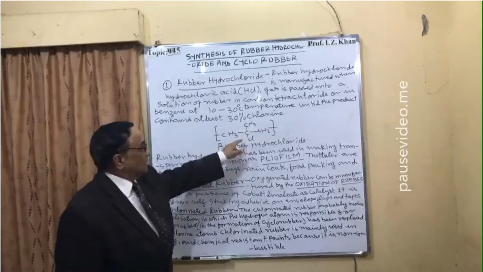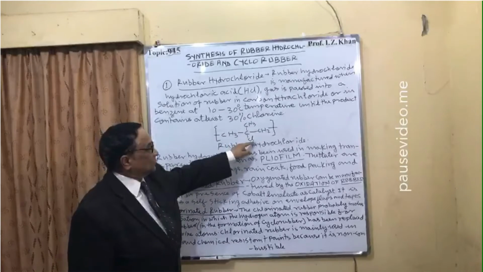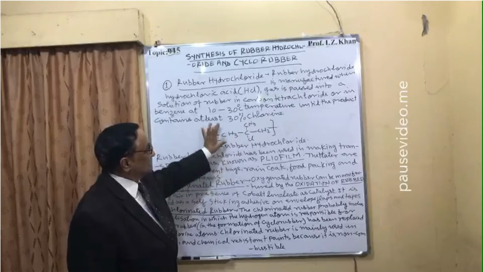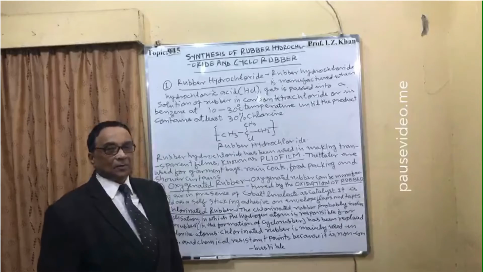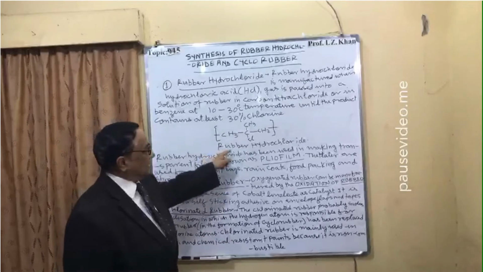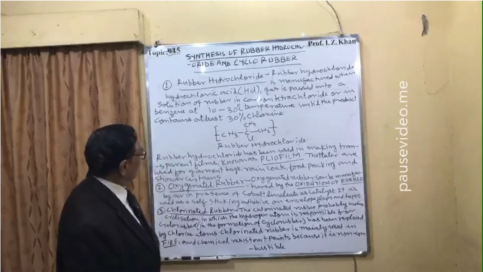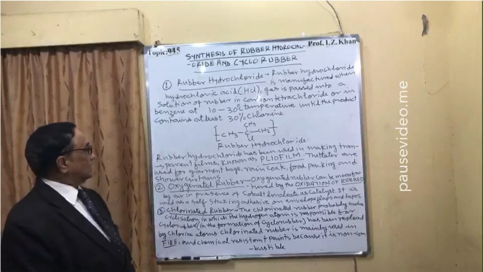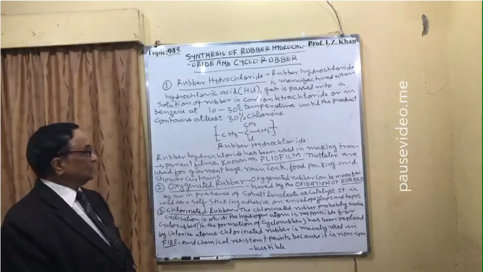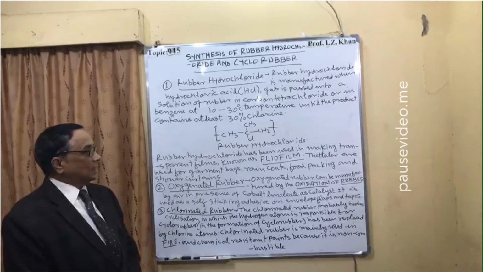Here hydrogen is substituted by chlorine, and the unit forms a long chain, which is called rubber hydrochloride. Rubber hydrochloride has been used in making transparent films.